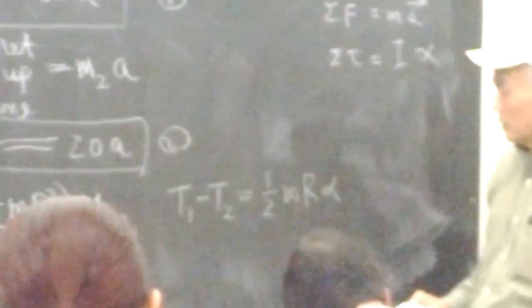We have R times T1 minus T2 is equal to 1/2 m r squared alpha. The R and R cancel. So you rewrite the equation as T1 minus T2 is equal to 1/2 m r alpha. Okay, so that's our third equation.